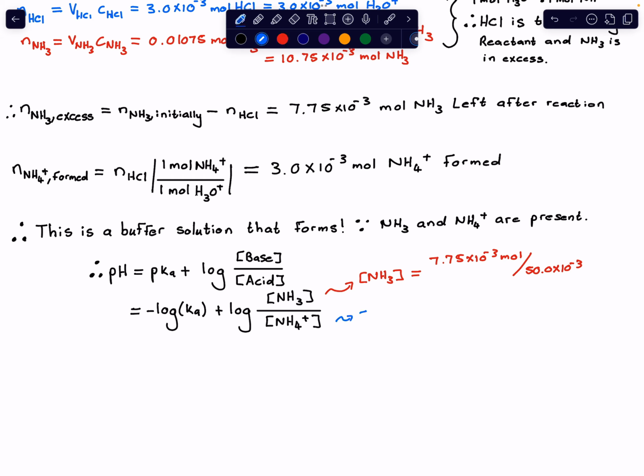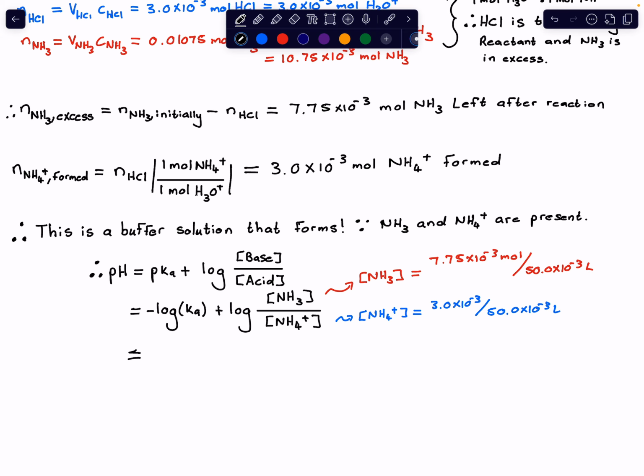And our concentration of NH4 plus is equal to 3.0 times 10 to the negative 3 divided by 50.0 times 10 to the negative 3 liter. You can see that the volumes cancel, so you can actually just directly use the number of mole.